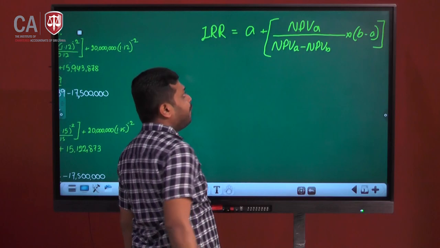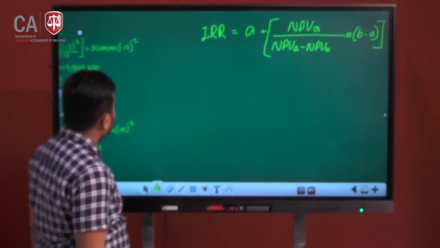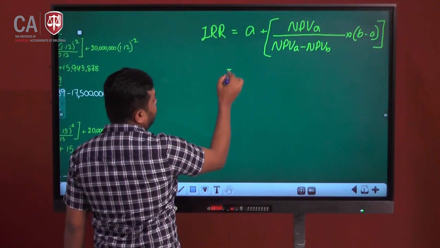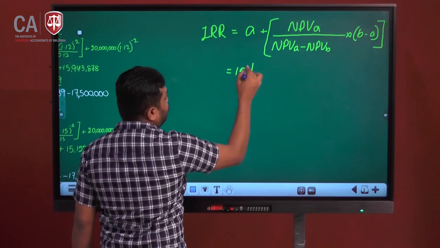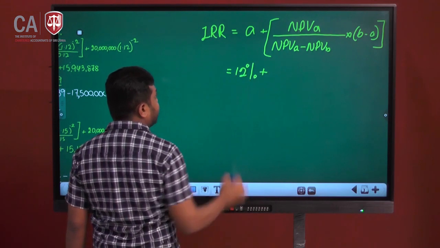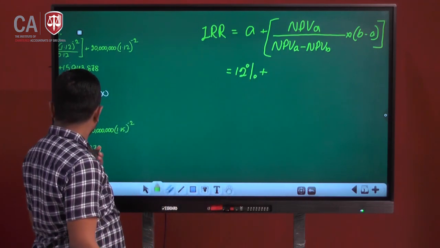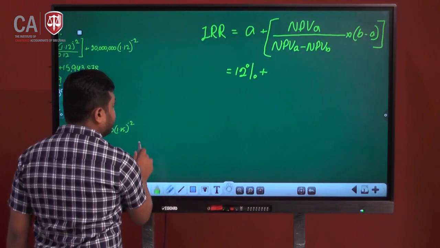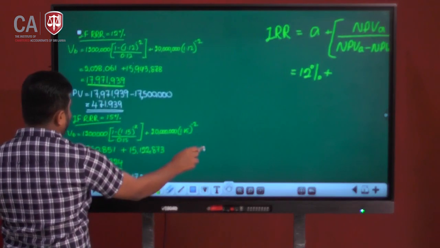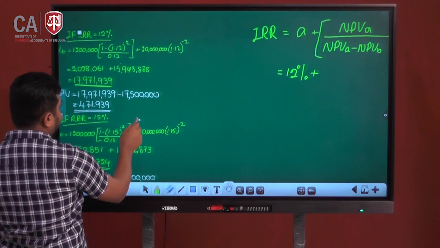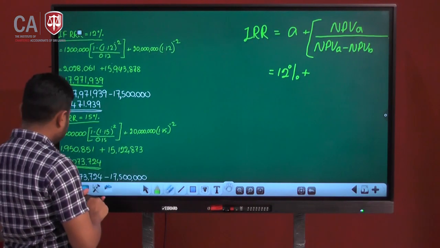This is the formula, right? The lower rate is 12%, plus the NPV at lower rate, which we have already determined. You can see the NPV at lower rate is 471,939.